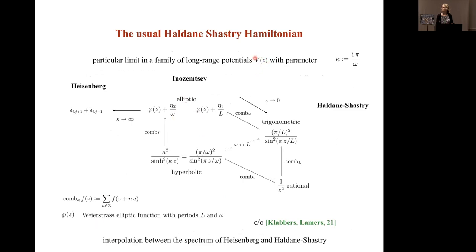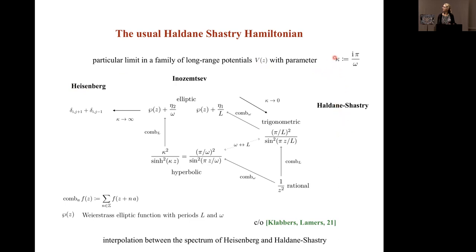What changes for the different models is the value of the coupling between different spins, let's call it the potential. So it's a one parameter family which interpolates between the Heisenberg model and the Haldane-Shastry model.